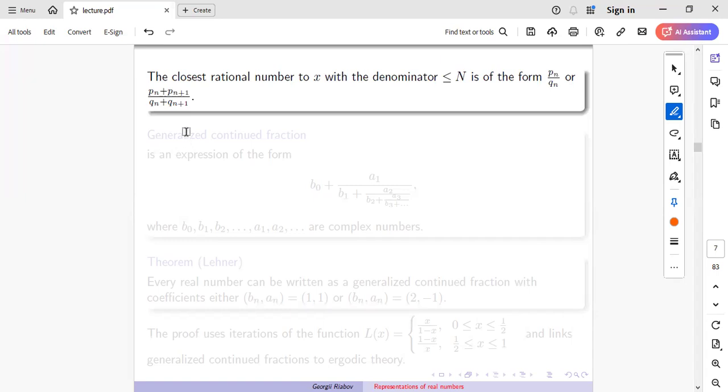And this fact allows us to analyze properties of real numbers using best rational approximations.